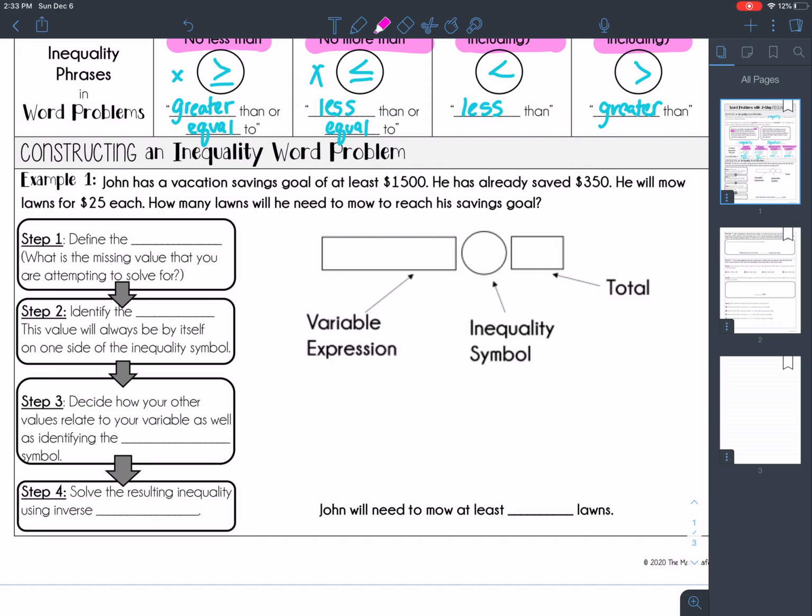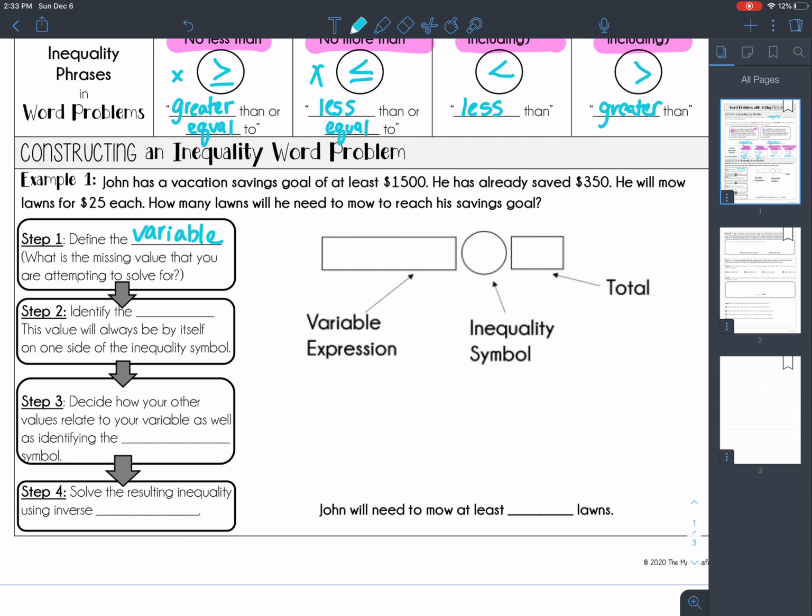So the first step, we're gonna write down some steps to help us write out an inequality problem. The first thing you're going to do is identify the variable. Make sure you're writing down what I'm writing down into your notes. So first we need to define the variable.